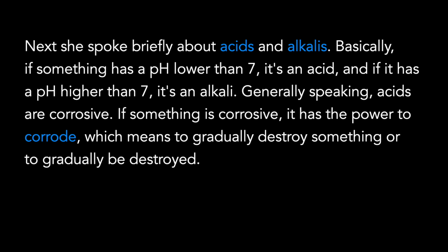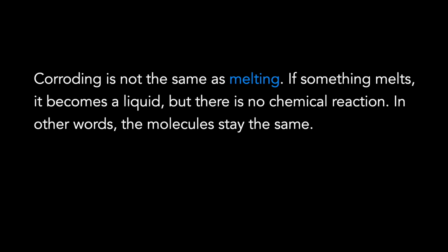If something is corrosive, it has the power to corrode, which means to gradually destroy something or to gradually be destroyed. Corroding is not the same as melting. If something melts, it becomes liquid, but there is no chemical reaction. In other words, the molecules stay the same.